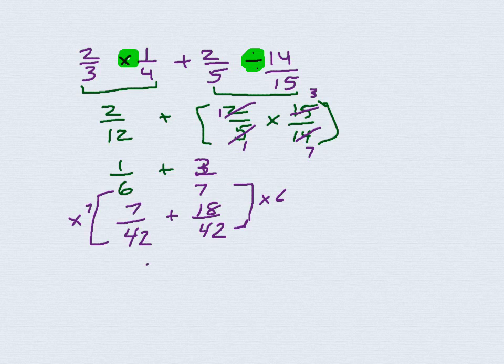So 7 and 18 is 25 over 42. And that is in lowest terms, because 25 is only divisible by 5, and 5 does not go into 42.